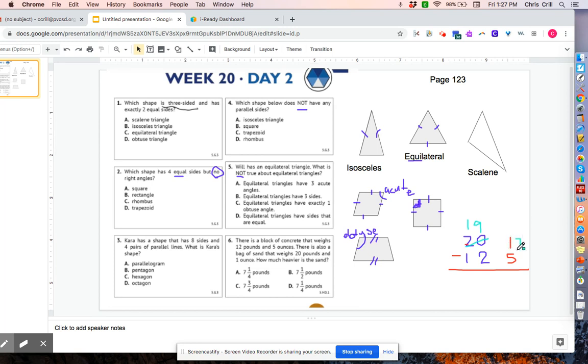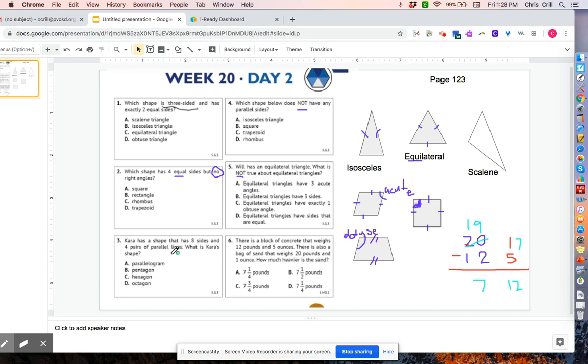So 17, now I have enough ounces to subtract. 17 minus 5, do your subtracting there. 19 minus 12. So I see 7 pounds, 12 ounces.